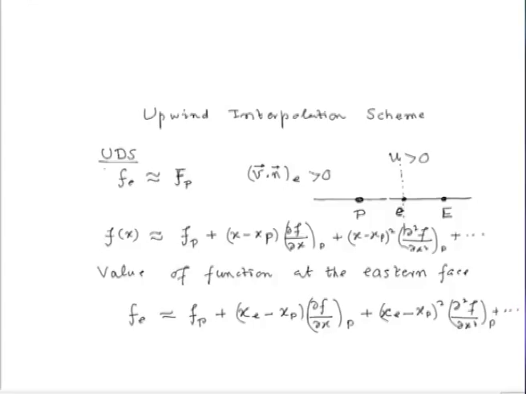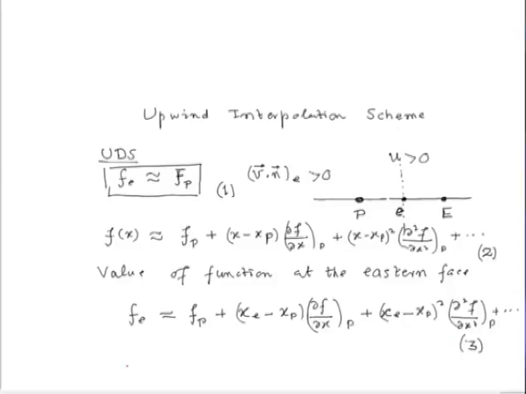So, now let us have a look at the UDS approximation which we have shown earlier. Let's number this equation as 1, the Taylor series expansion as 2, and the Taylor series expansion for the function value as equation 3. Now, if we compare equation 1 and 2, what do we say?